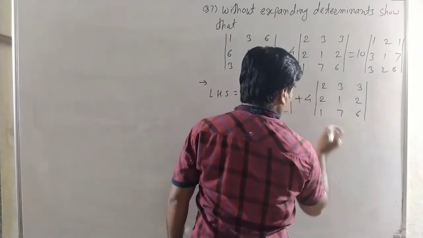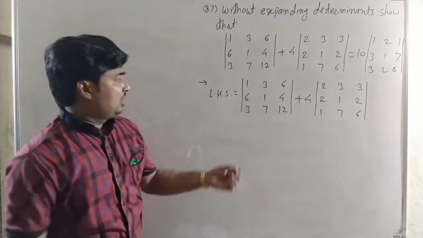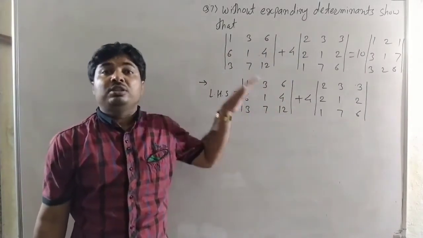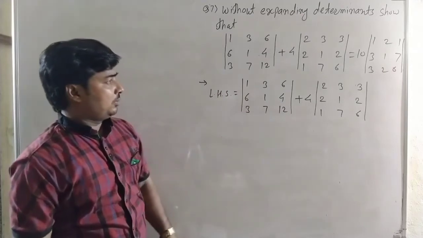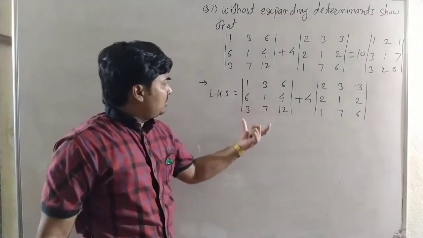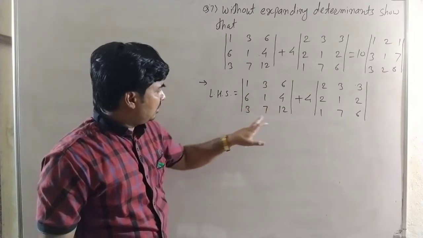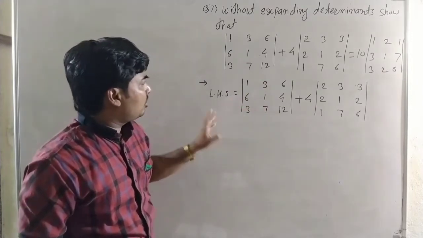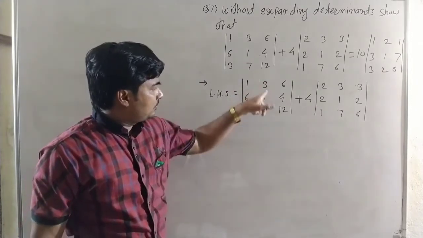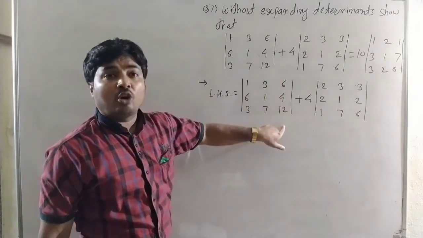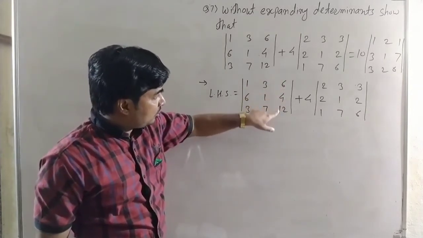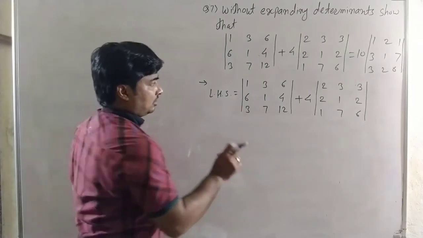Here, without expanding the determinant, that means we use the properties of the determinant. See the first determinant, we cannot take common any number from the first row, second row and third row, but in the third column, we can take common the element 2.